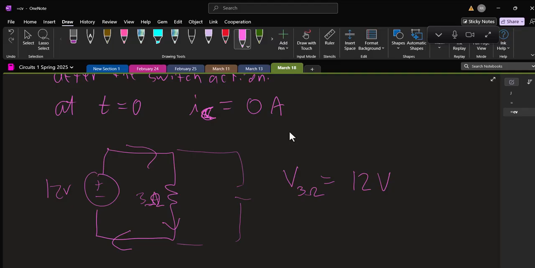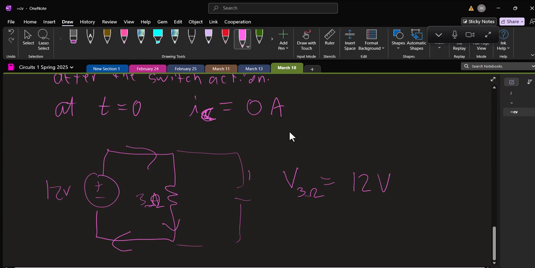You can see that because the voltage source, the resistor, and the capacitor are all in parallel. You could also say the current flowing through it has to be 4, and voltage V equals IR, so it has to be 12. So the voltage of the capacitor at t equals 0 is 12 volts.